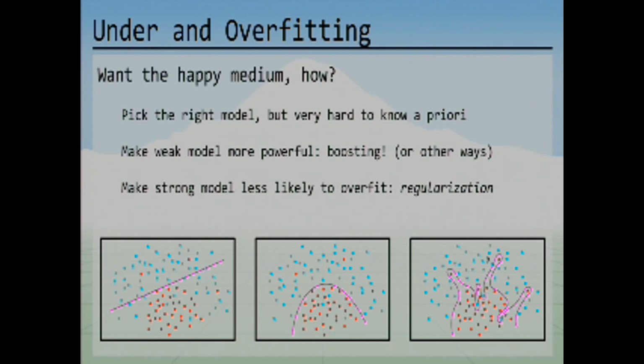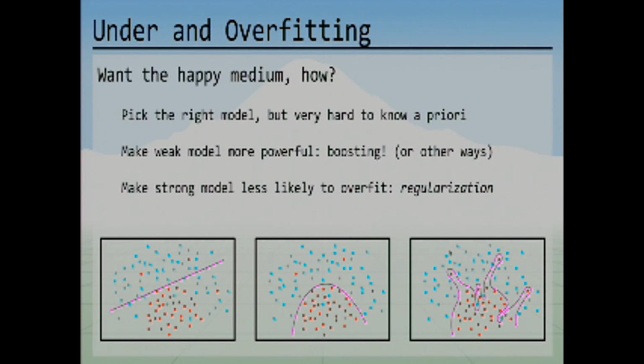But it's really hard to know beforehand what the right model is for a given set of data. It's pretty easy if you look at two-dimensional data that looks like this, and you might think, let's just visualize the data and pick the model based on that. But in practice, most of the data that we're talking about is not just high dimensional, it's really high dimensional. And when you start thinking about high dimensional data, a lot of the intuition that you might have goes out the window.